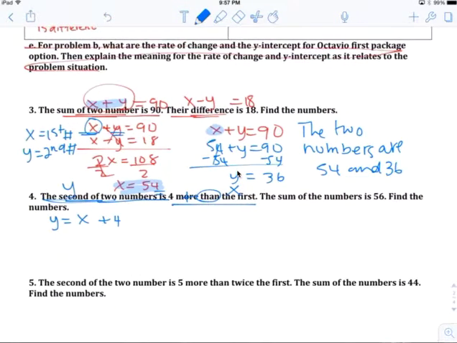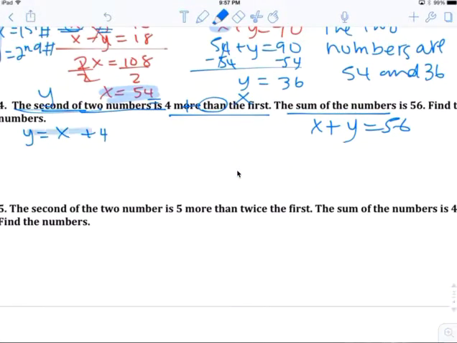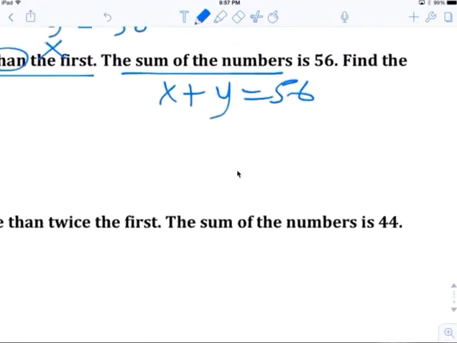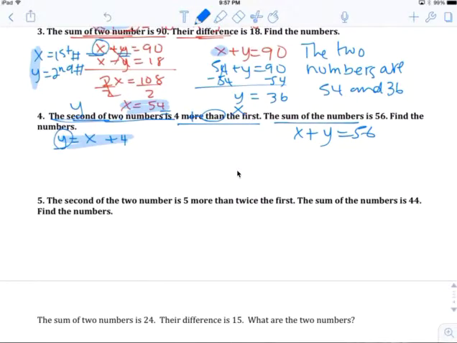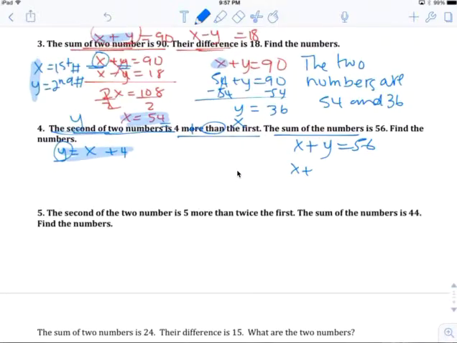The sum of the numbers, the numbers are x and y, is 56. You use substitution because one of them is in slope-intercept form. So you substitute where this y is, putting parentheses around it: x plus (x plus 4) equals 56.